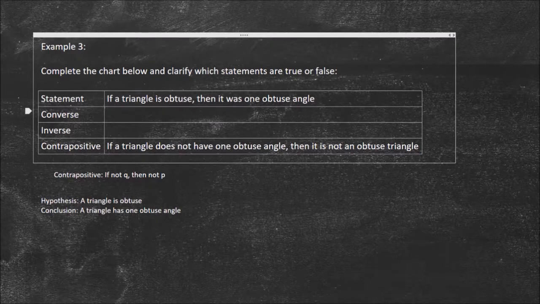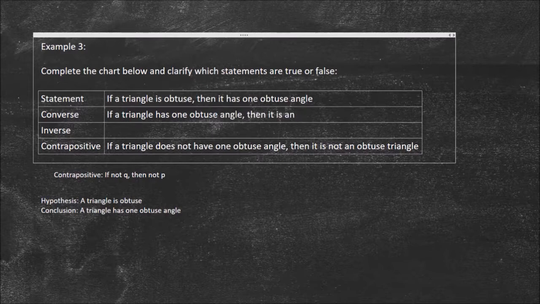Then the converse, which is just like our other problems. That means if Q, then P. So if a triangle has one obtuse angle, then it is an obtuse triangle.